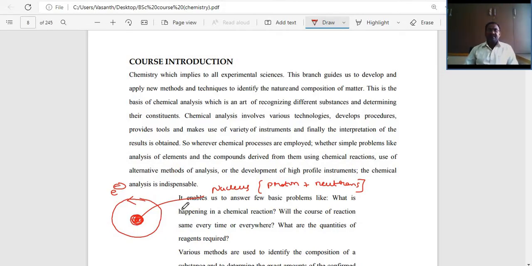That's why the nucleus has a positive charge, because of the positively charged protons; neutrons have no charge. Electron has a negative charge. Here, due to the electrostatic force of attraction between the nucleus and the electron, the electron revolves around the nucleus in a circular path that is called an orbit.